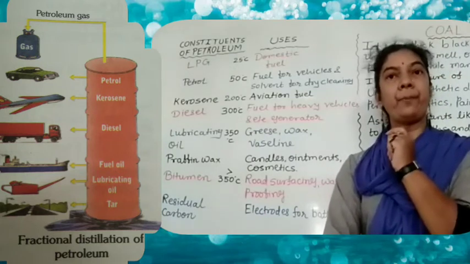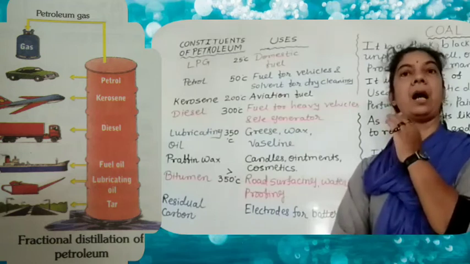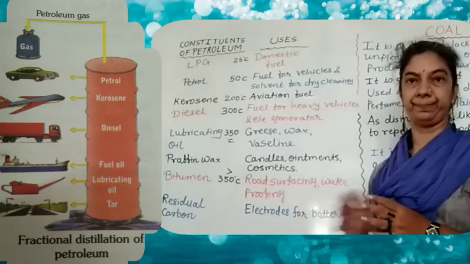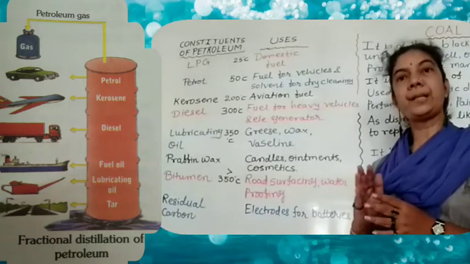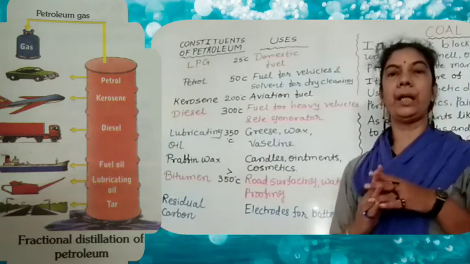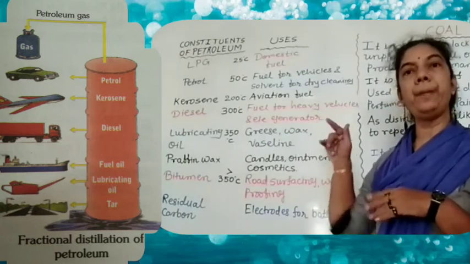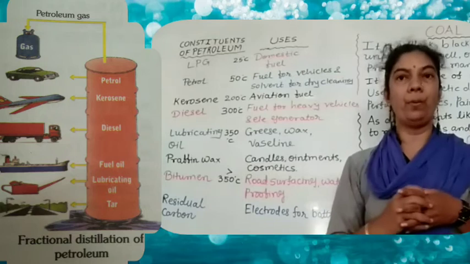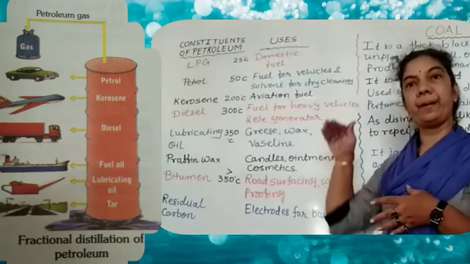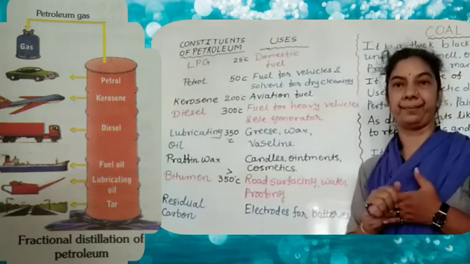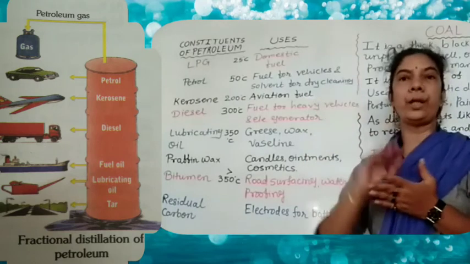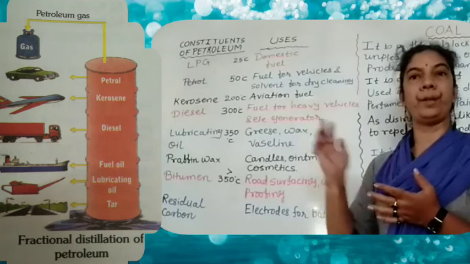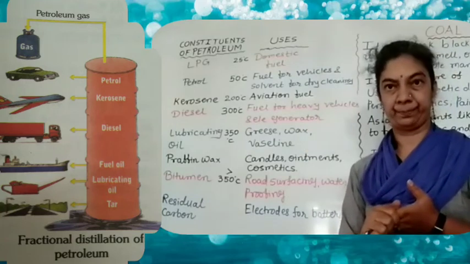The boiling points of solids are very high, so they are obtained at the bottom. The liquids are having medium boiling points, so they are found in between, and the gases are having very low boiling points, so as the vapor rises it is condensing, and at a very low temperature about 25 degrees Celsius we can obtain the gases.